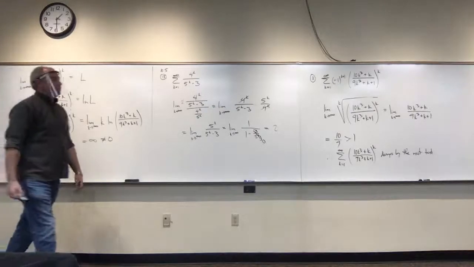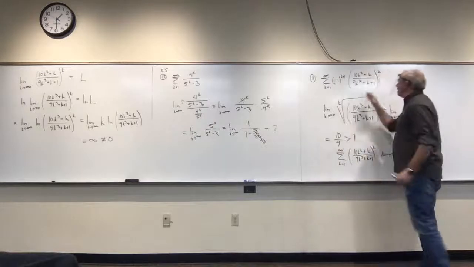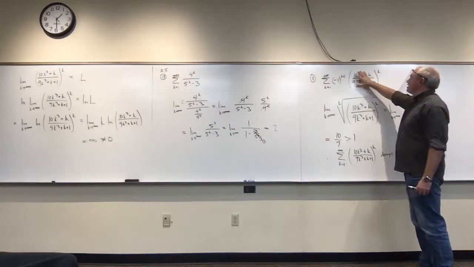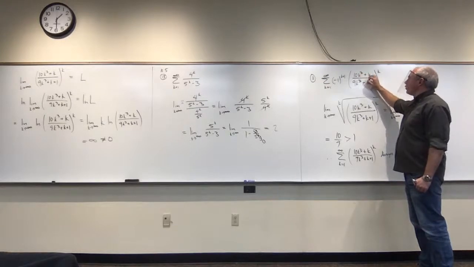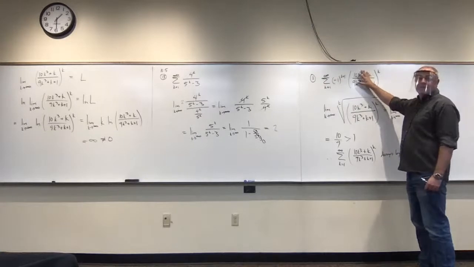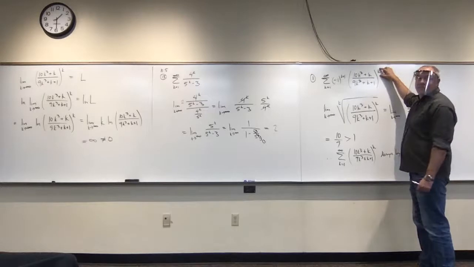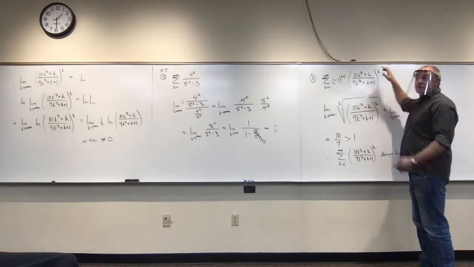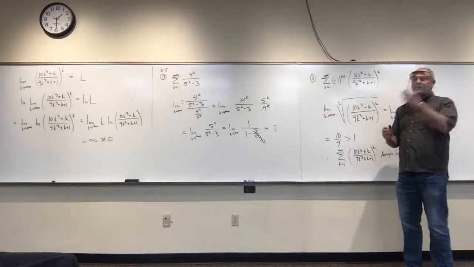Maybe this shouldn't be shocking to us, because if you look at what's inside here, this is basically something a little bit bigger than 1. Agreed? So you can think of this as, when k gets big, this thing inside is kind of like 10 ninths. Then you're taking 10 ninths and raising it to the infinite power over time. So you're adding bigger and bigger things, but they're minus and then plus and then minus and then plus.